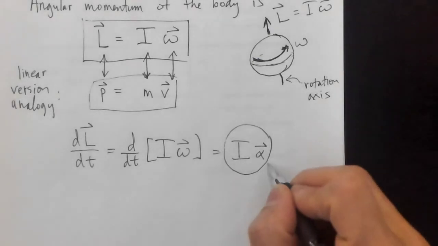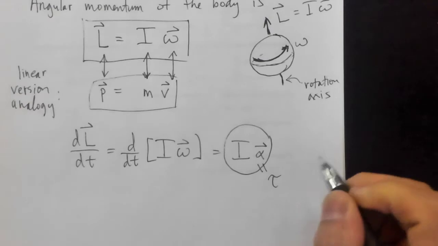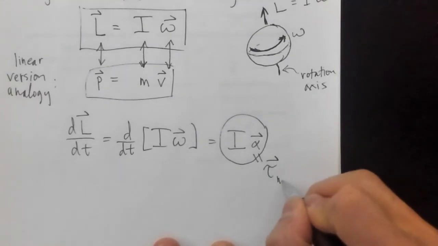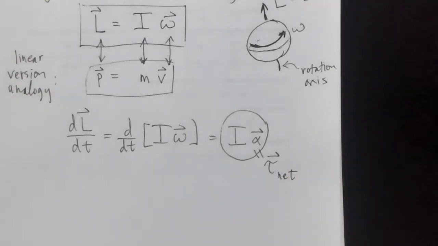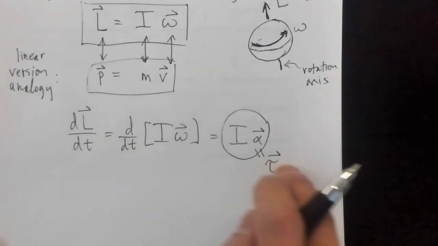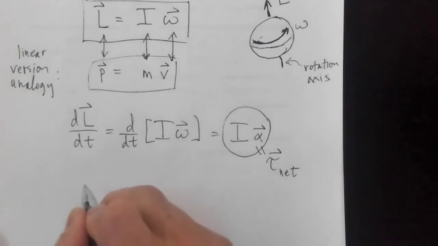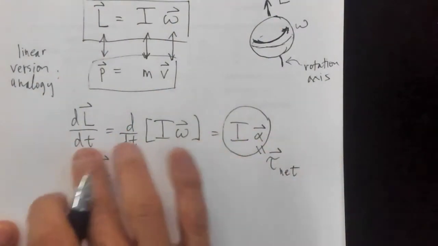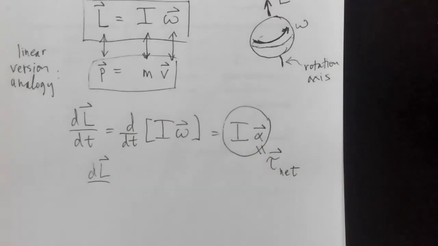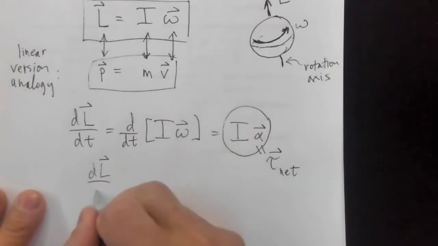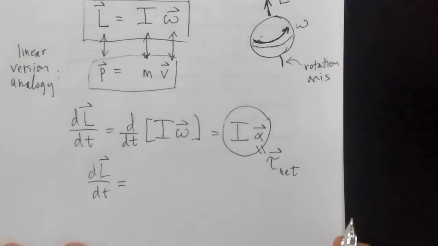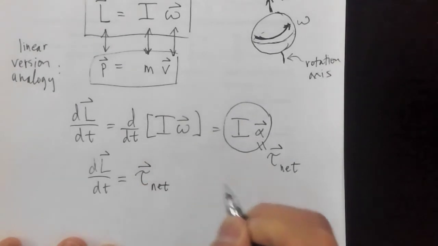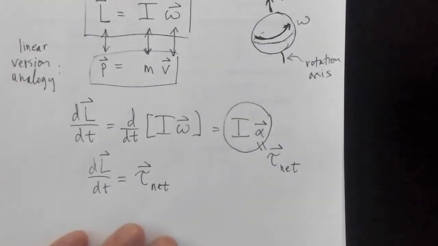So this is equal to the analogy to force, which is torque: the net torque. The derivations aren't that important, but I'm just trying to show you I'm not pulling these things out of thin air. So if I take the time derivative of the angular momentum, I get the net torque.